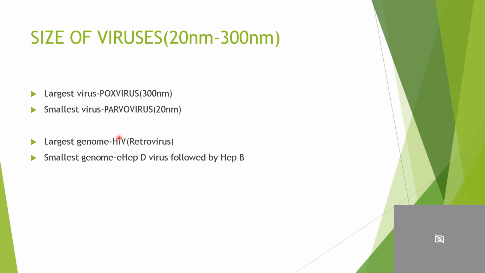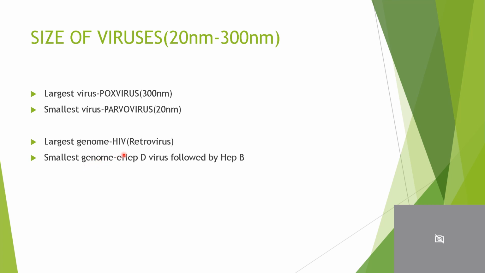Next in the series we have the classification on the basis of the size of the viruses. The largest virus is the pox virus, which is 300 nanometers, and the smallest virus is parvovirus, which is 20 nanometers. And now the largest genome. Remember this, we are talking about the largest genome and not the largest virus. The largest genome means the RNA or DNA which is the largest.